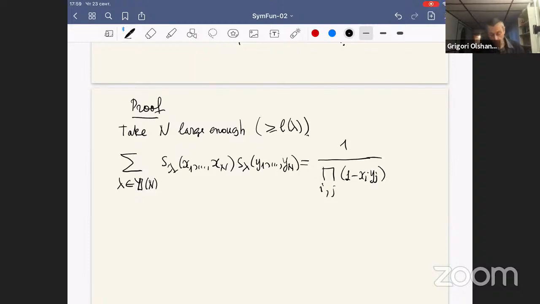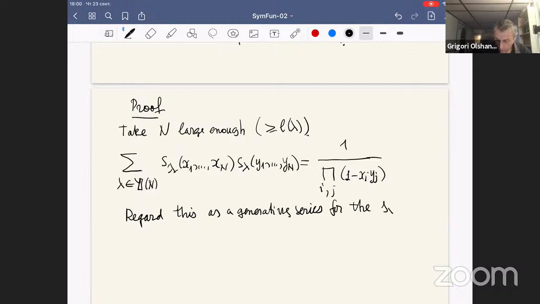And the idea is as follows. We want to get some information about this object, but we regard the left-hand side as, or maybe it's better to say, a generating series for this object.